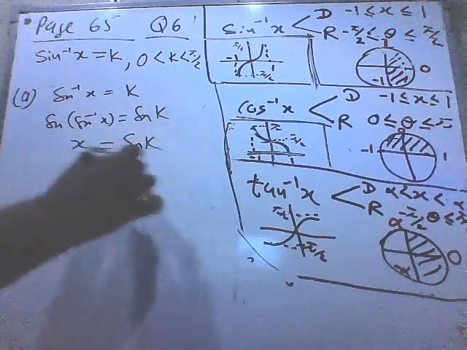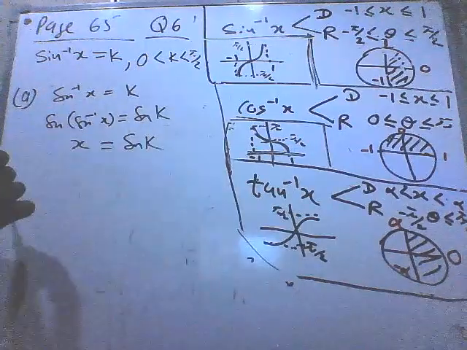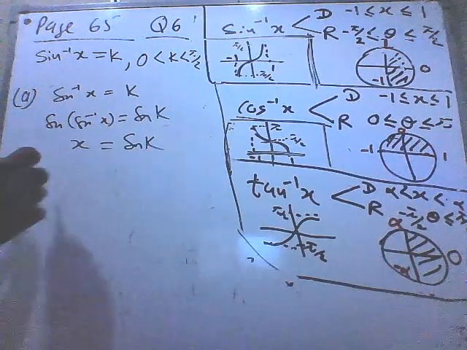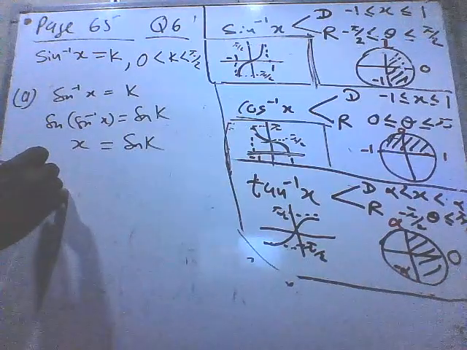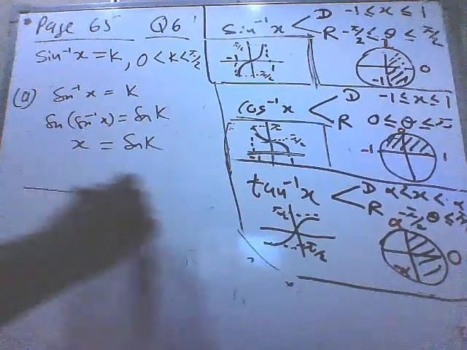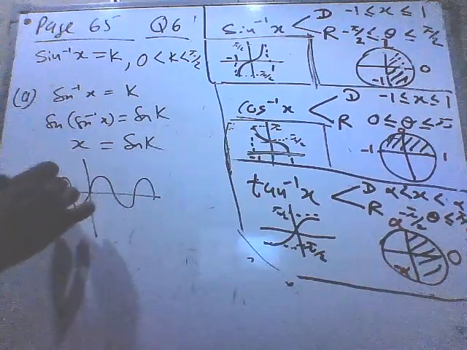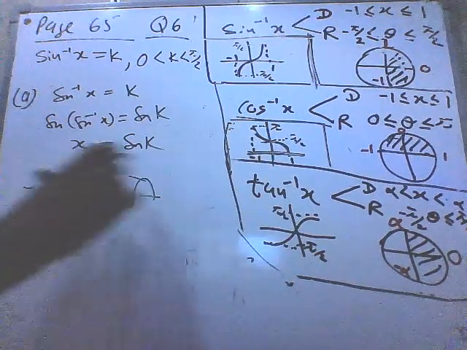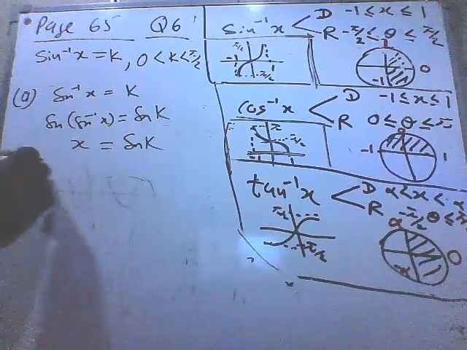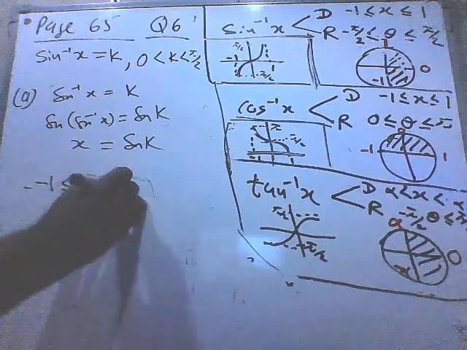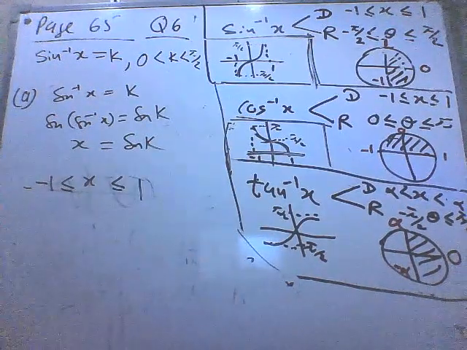A sine value is always in the range of minus 1 to plus 1. So we know sine x goes like this, and we can say part A, the answer is x is greater than or equal to minus 1, less than or equal to 1, right?